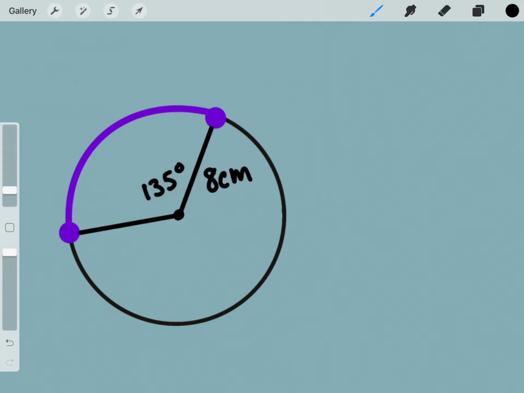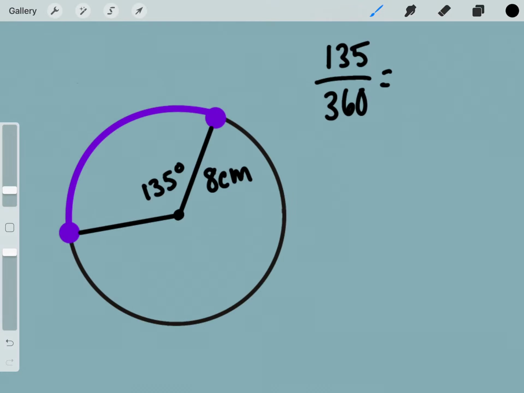All right, so what we're first going to have to figure out is what fraction of the circle this arc takes up. So we know that the arc is 135 degrees, and we know that a circle has 360 degrees. So first we're going to make a fraction of that part to whole ratio, 135 divided by 360.